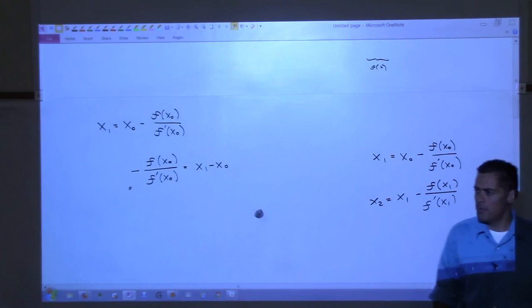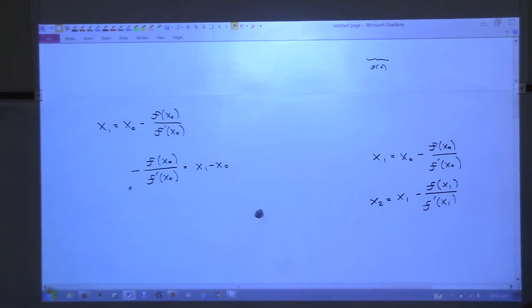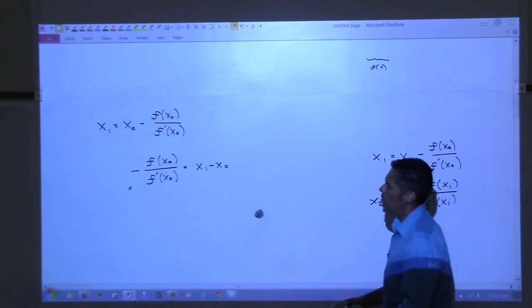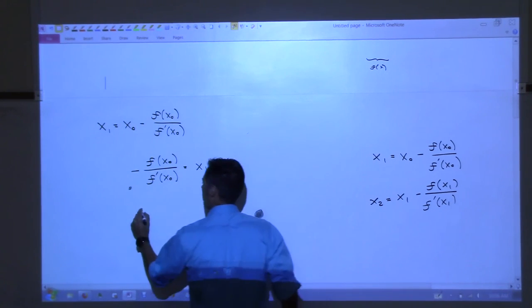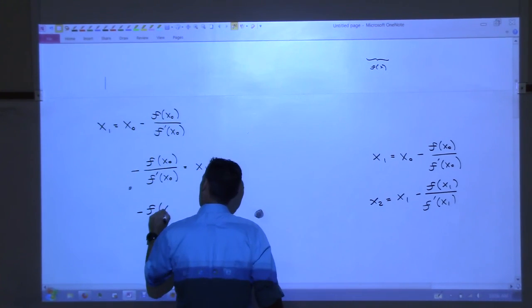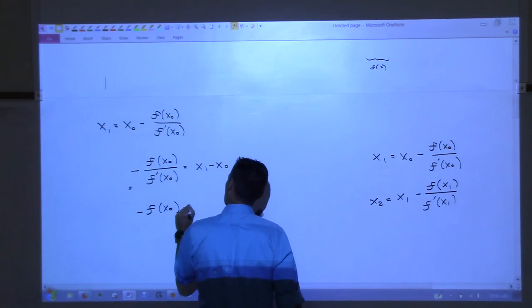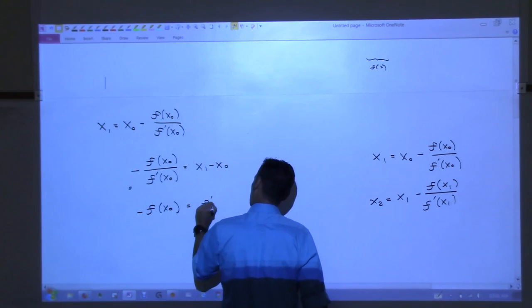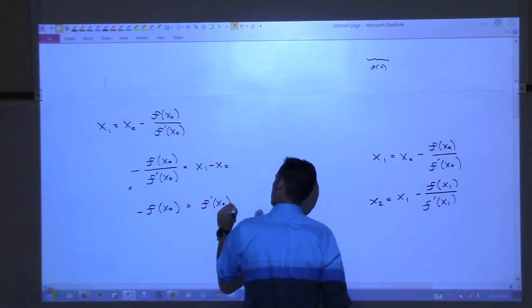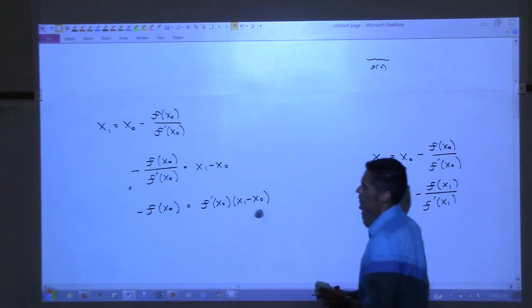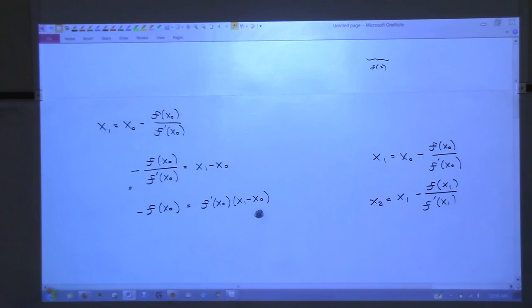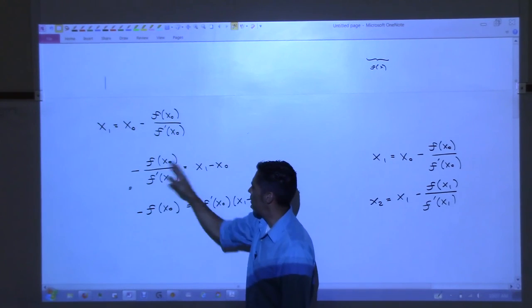Do you agree with that? Okay, I'm going to multiply both sides by f prime of x naught. Do you agree with that? I just multiplied f prime of x naught on the left and the right.